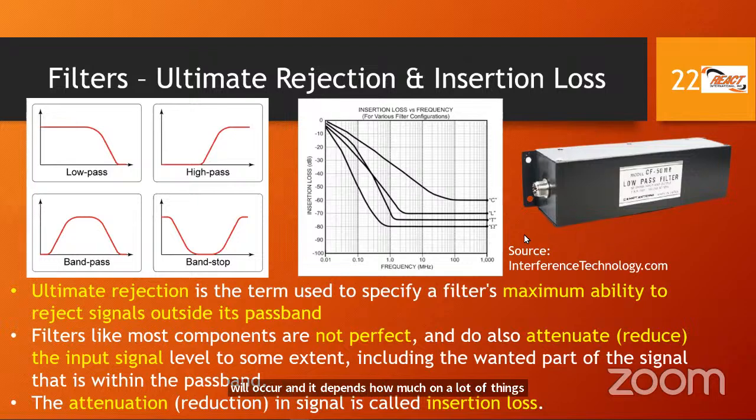It may cause too much attenuation or too much insertion loss, right? So you may want to use a different filter for the application or design things a little bit to take that into account. You don't want your signal to drop so much that the filter essentially stops your circuit from working, right? You want it to be appropriate. So hence the specifications of these filters are important. You need to be aware of the frequency that you're using. So let's continue.